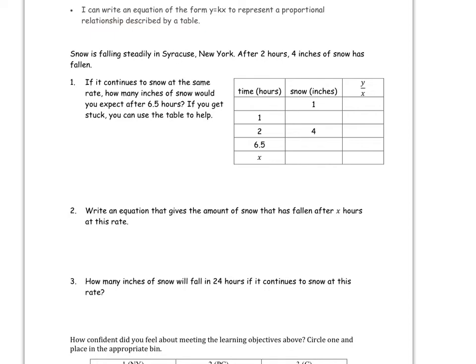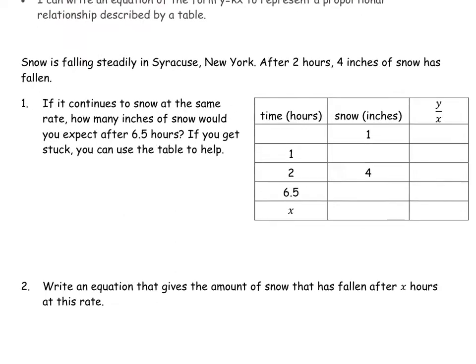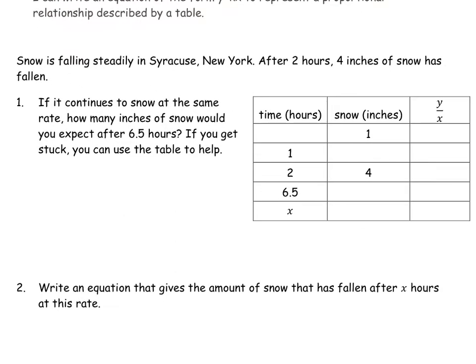So if I look at the table a little bit closer, I can see that there's a couple of different ways to solve this. One way is by moving across the table like so. And when I do that, I can see that 2 times 2 is equal to 4.